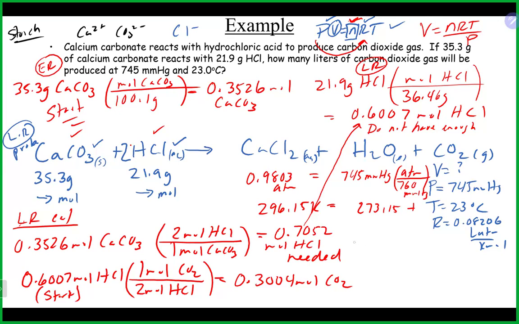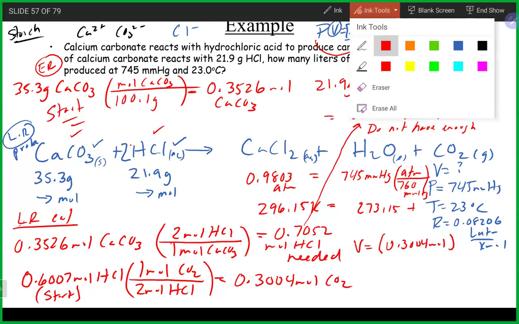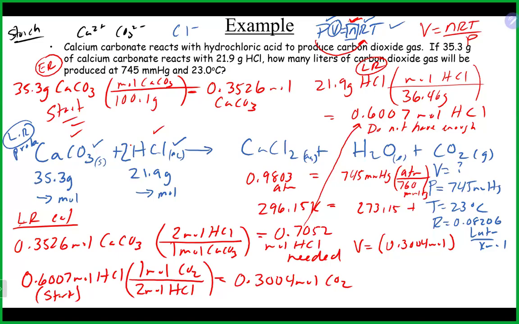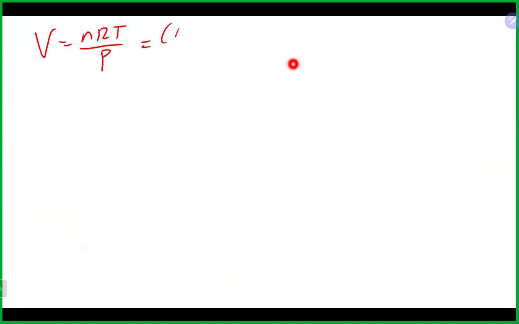So our V is equal to nRT over P. Once again here, we'll take our moles, which was 0.3004.